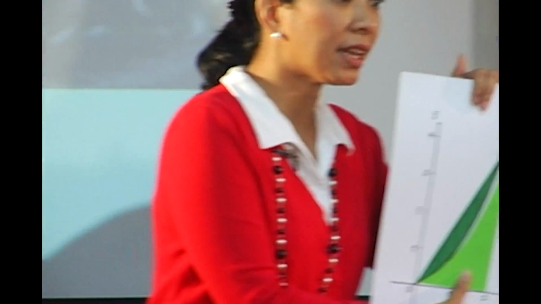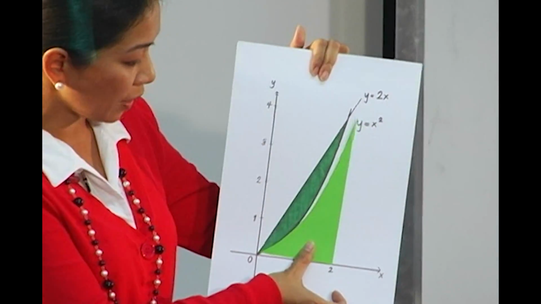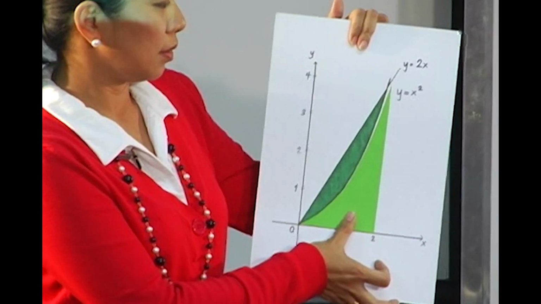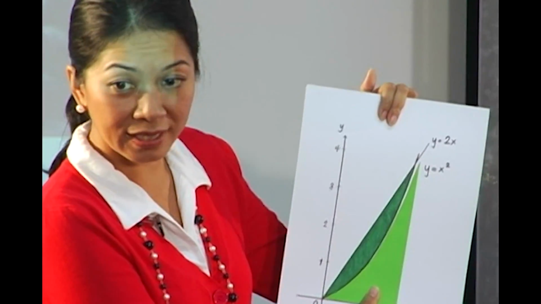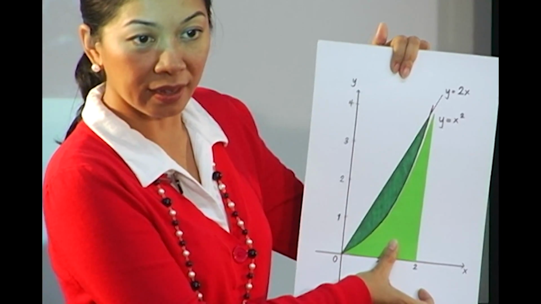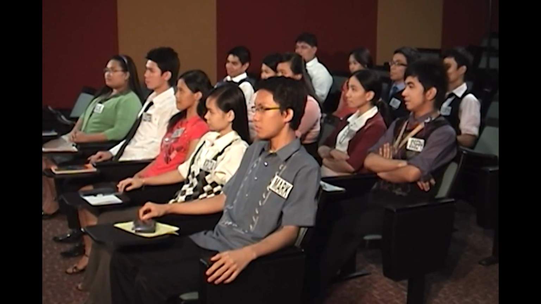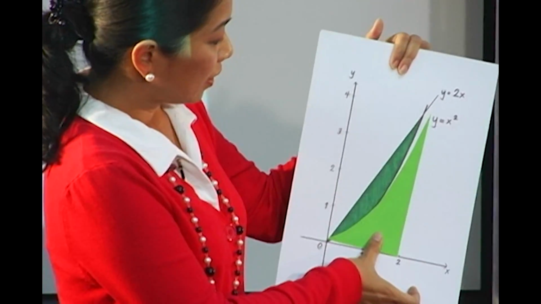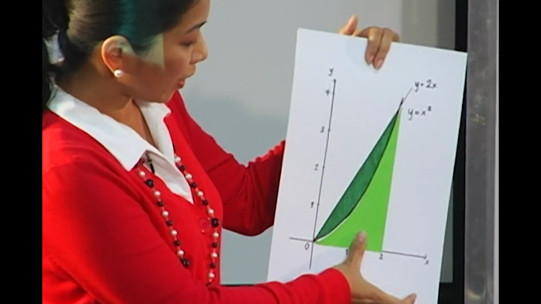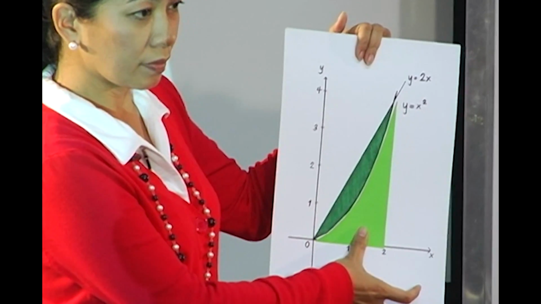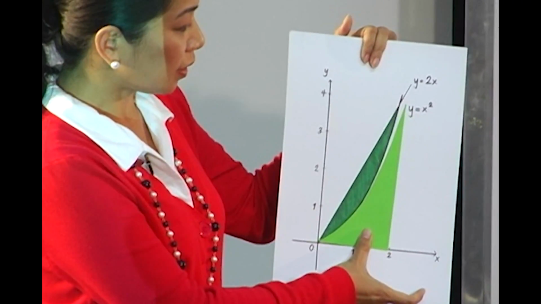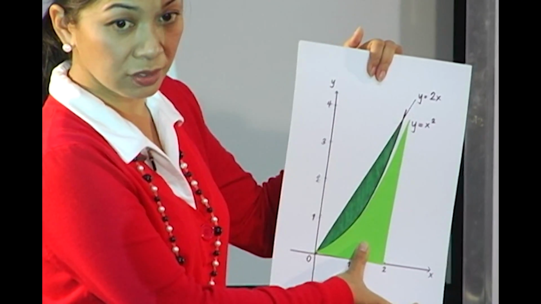This is now the familiar formula for us. We're going to have the integral from 0 to 2 of x squared dx. Correct? You can see that? Okay. So if it were the whole triangle, you'd have 2x dx. If it were this lower part, you'd have x squared dx.